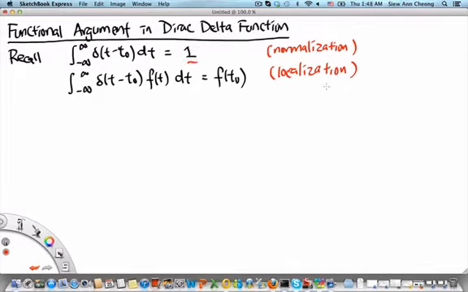Whereas the localization condition tells us that the integral from -infinity to infinity of the Dirac delta function multiplied by an arbitrary function f of t when integrated over t gives us f of t naught. So these two conditions alone would allow us to evaluate any integral involving the Dirac delta function.